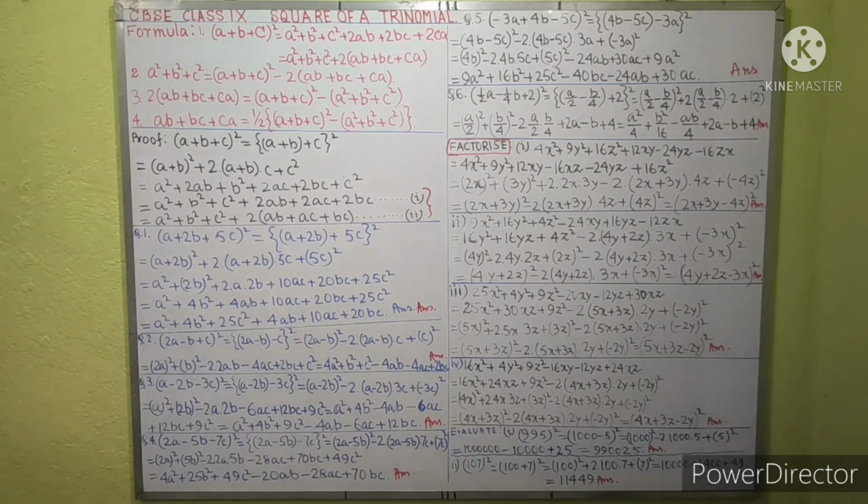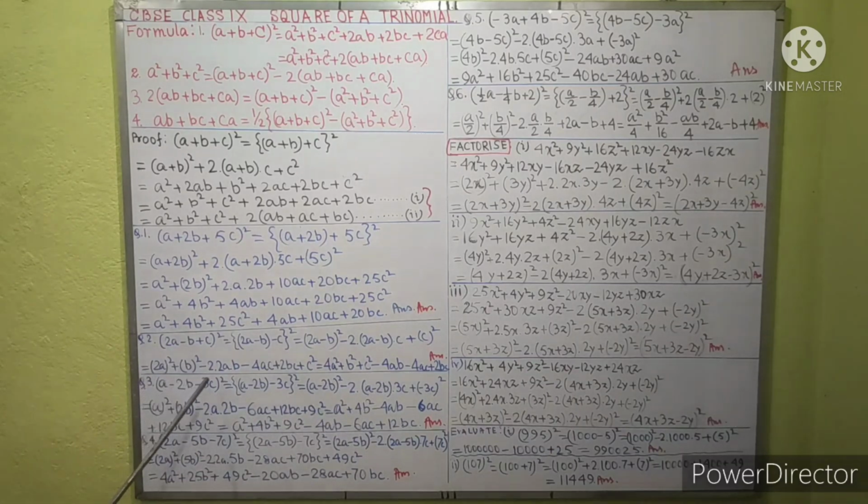Question number 2: (2A minus B plus C) whole square. Here we have taken 2A minus B at a time and C separately, so this is regarded as A and C equal to B. Again the formula: as this is minus, we have taken (A minus B) whole square, that is A square minus 2AB plus B square.